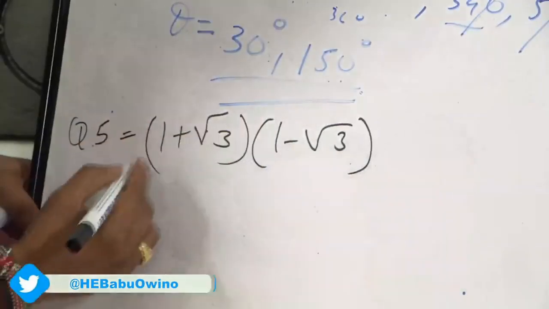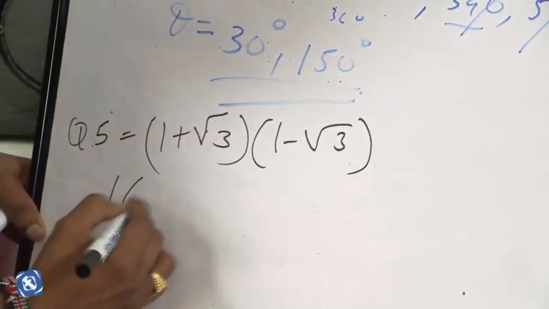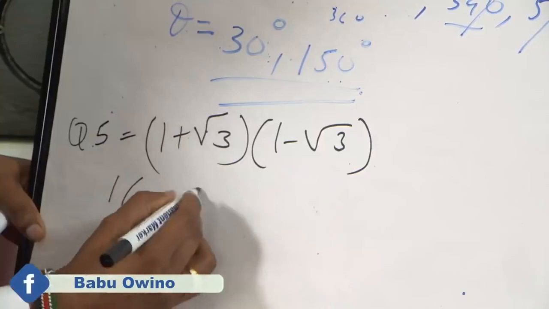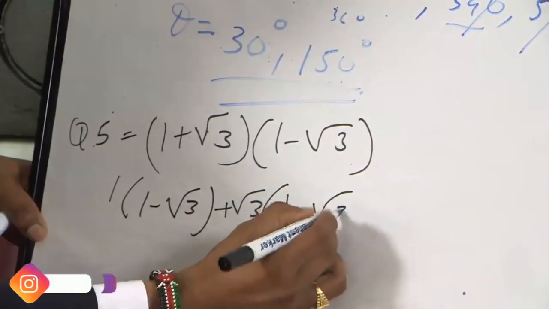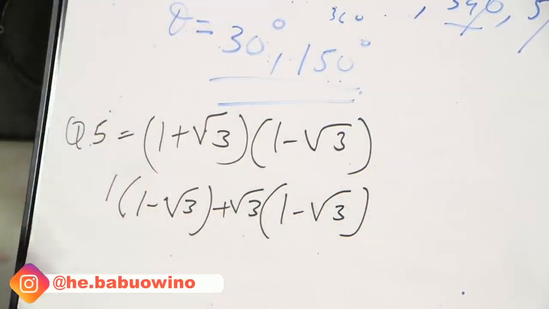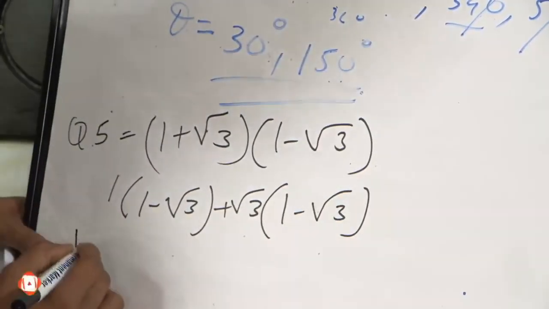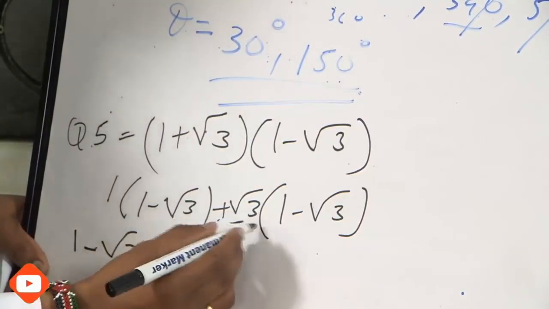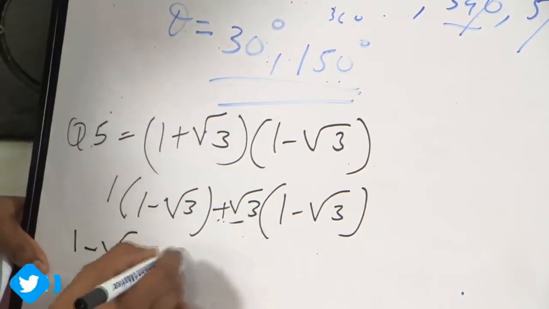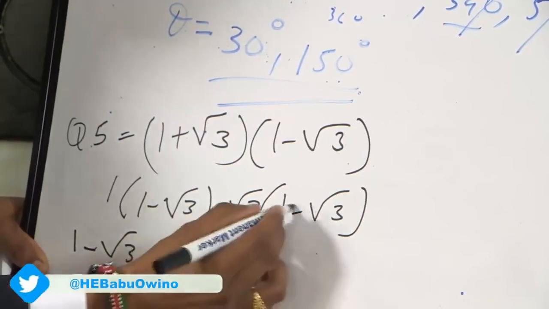Therefore, you just expand it. When you expand it, you write 1 into 1 minus root 3 plus root 3 into 1 minus root 3. 1 times 1 is 1, minus 1 times root 3 is root 3, plus root 3 times 1 is root 3. Then plus times minus is minus.